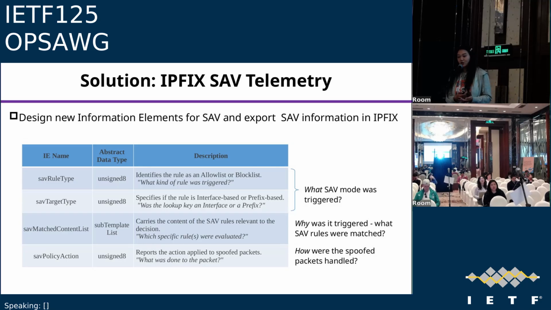We designed 4 new information elements here. The first 2 work together to identify what SAV mode was triggered. The fourth one, the last one, tells us how the routers handle the spoofed packets. And the third one carries the most detail. It tells the operator why the enforcement was triggered, what specific sub-rules were matched in the validation process.